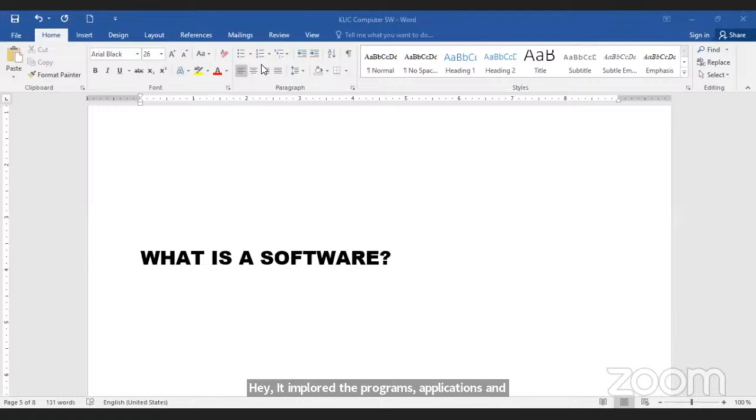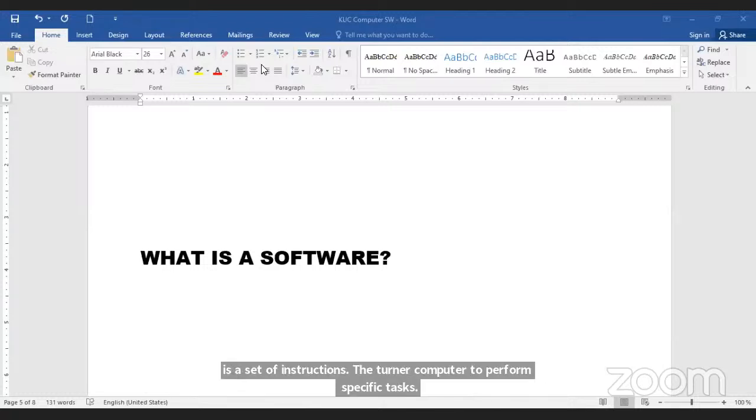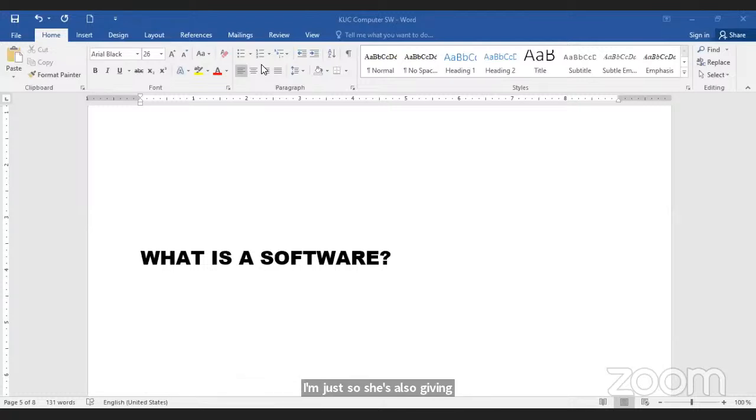Let me repeat your answer. Computer software is a set of instructions that tell a computer how to perform specific tasks. And she's also giving examples. It includes programs, applications, and operating systems that enable the hardware to function. That's a very correct answer.